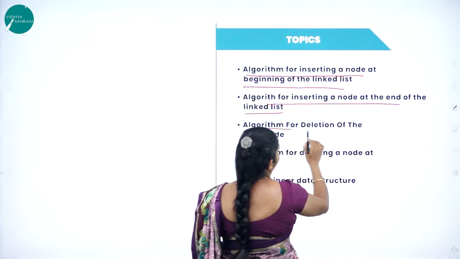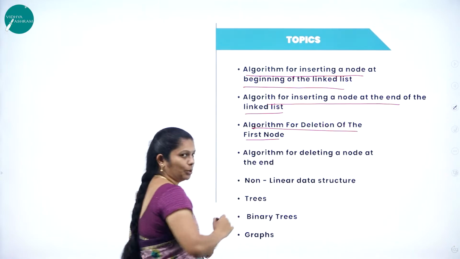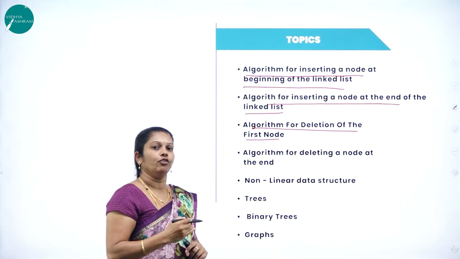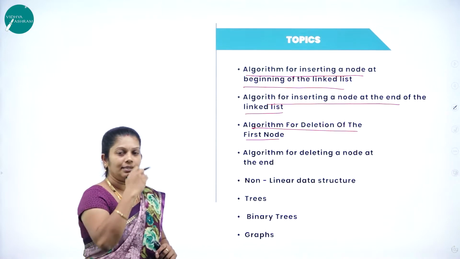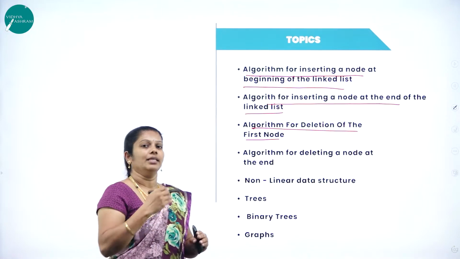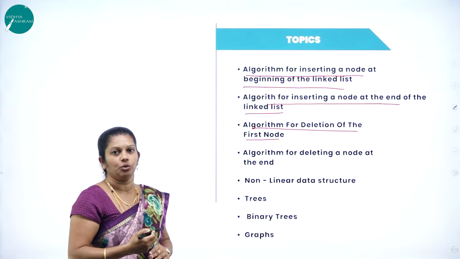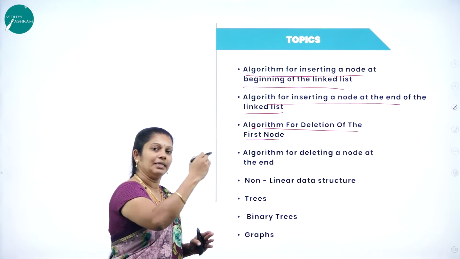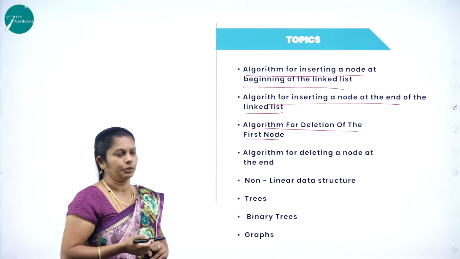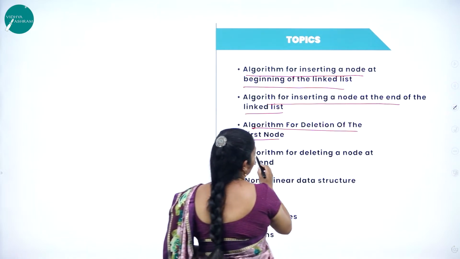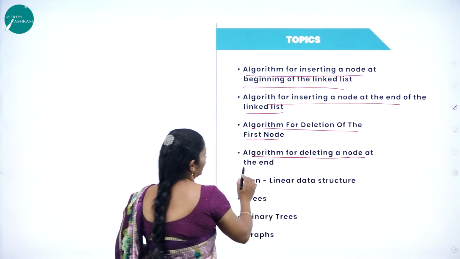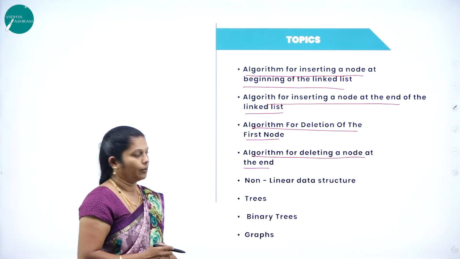Then the algorithm for deletion of the first node. If I want to delete a node, then I can delete in 3 positions, that is at the beginning, at the end, or at a particular position. In the same way, deletion can be performed at the beginning as well as at a particular position. Here also the algorithm for deleting at the end of the node.